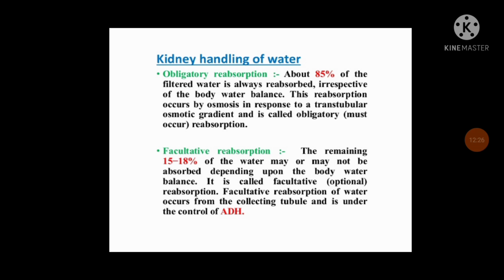Aldosterone influences a bit the obligatory reabsorption of water. The remaining 15 to 18% of the water may or may not be absorbed depending upon the body water balance. It is called facultative or optional reabsorption. The facultative reabsorption of water occurs from the collecting tubule and is under the control of antidiuretic hormone.